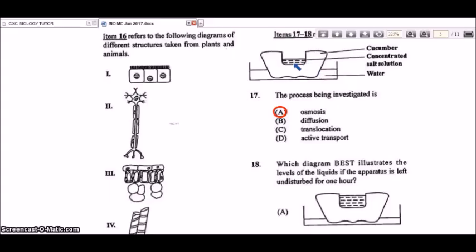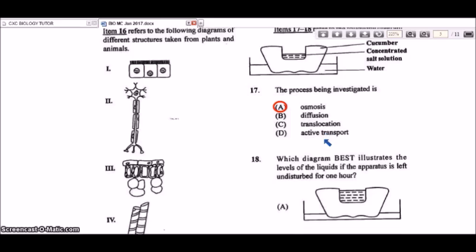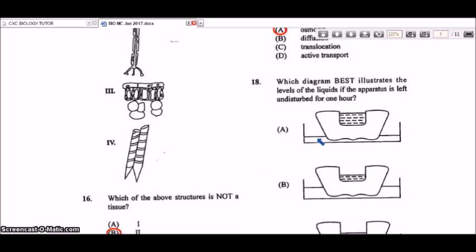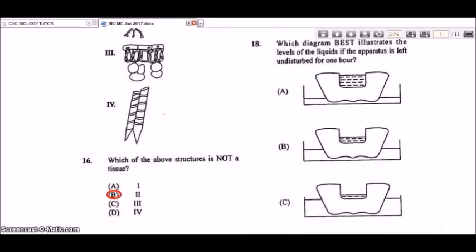So over a period of time you would expect to have less water in the container and a greater volume of the concentrated salt solution. So therefore the correct answer would have to be A. So you can see the volumes have changed. So the water has decreased in the container and the concentrated solution has increased.